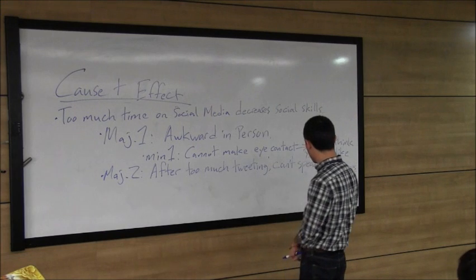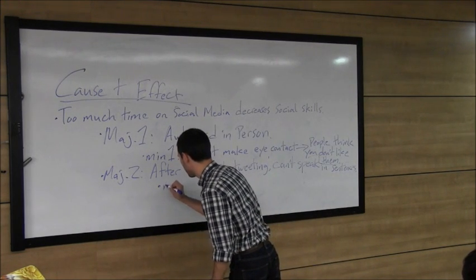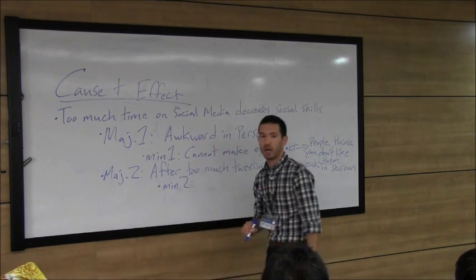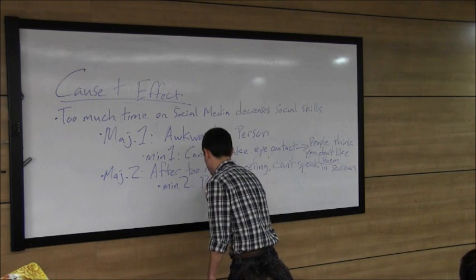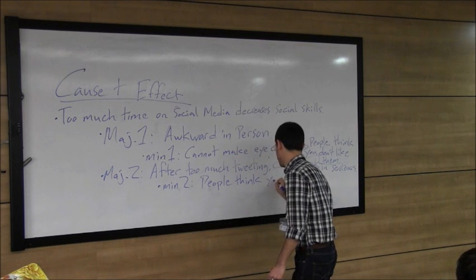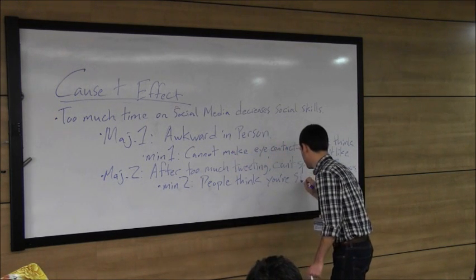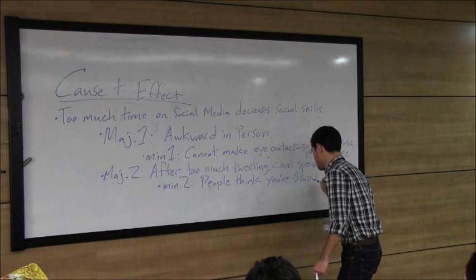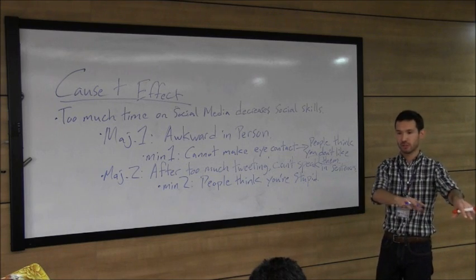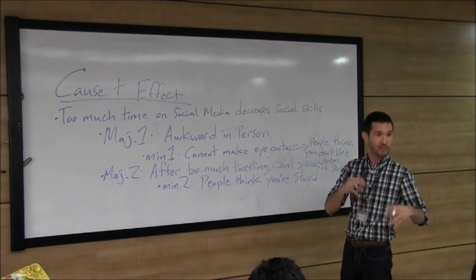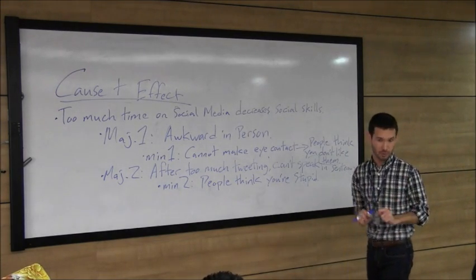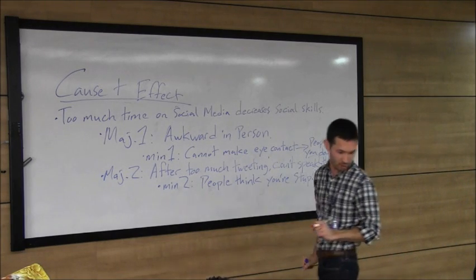So after too much time tweeting, you cannot speak in full sentences. So minor 2. People think you're stupid. If you are adults, or you're children, you're almost adults, but still you cannot speak in full sentences. People think you're stupid. Again, the result, no friends.